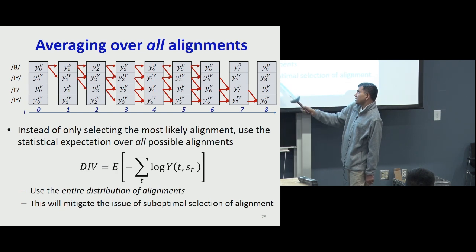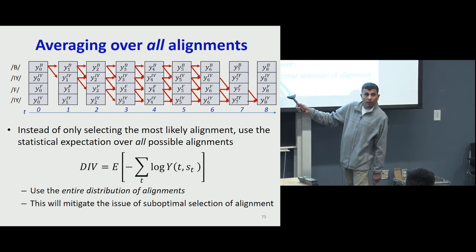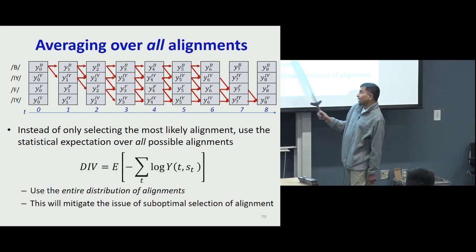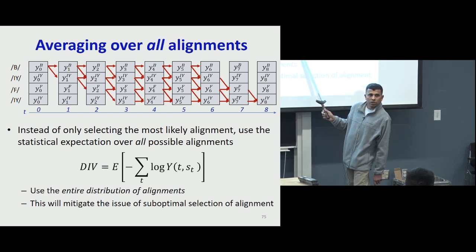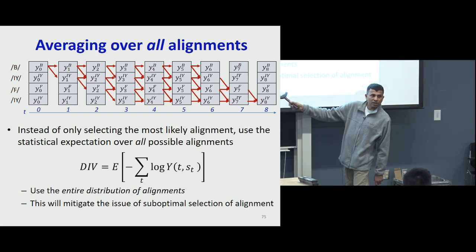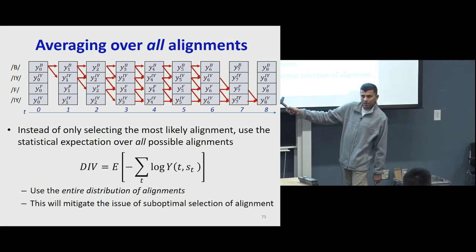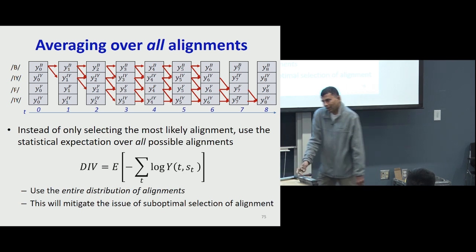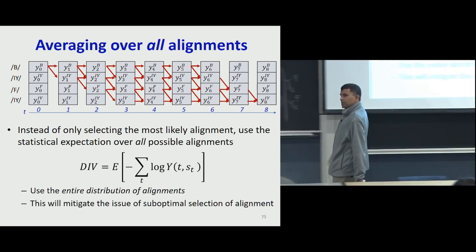This term is the divergence for a specific alignment, where in that alignment the symbol assigned to time t is s_t. We're just going to take an expectation of this over all possible alignments.